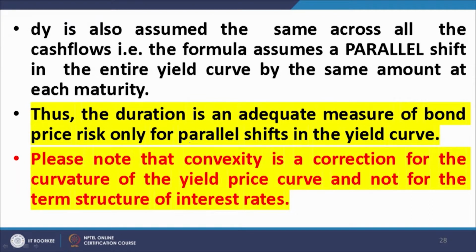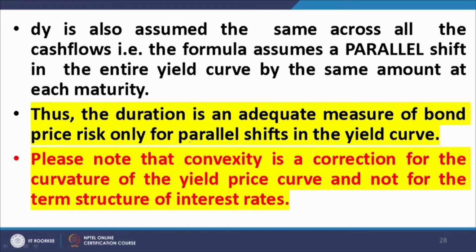That is, the formula assumes a parallel shift in the entire yield curve by the same amount at each maturity. Thus, the duration is an adequate measure of bond prices only for parallel shifts in the yield curve, where the yield curve curvature is not significant, and secondly the shift is also parallel to itself.